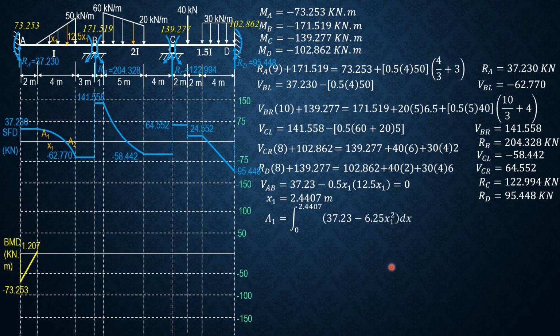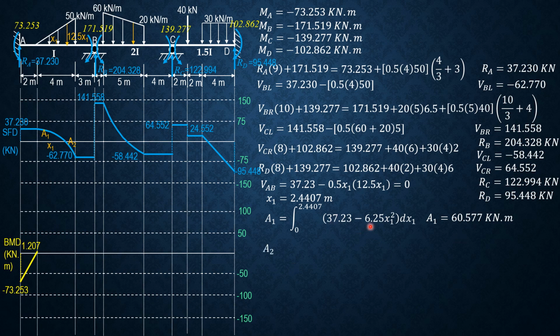And the value of that is 60.577 kilonewton meter. Another way of computing area 1 is 2/3 of 2.4407 times 37.23. So I want you to check that.